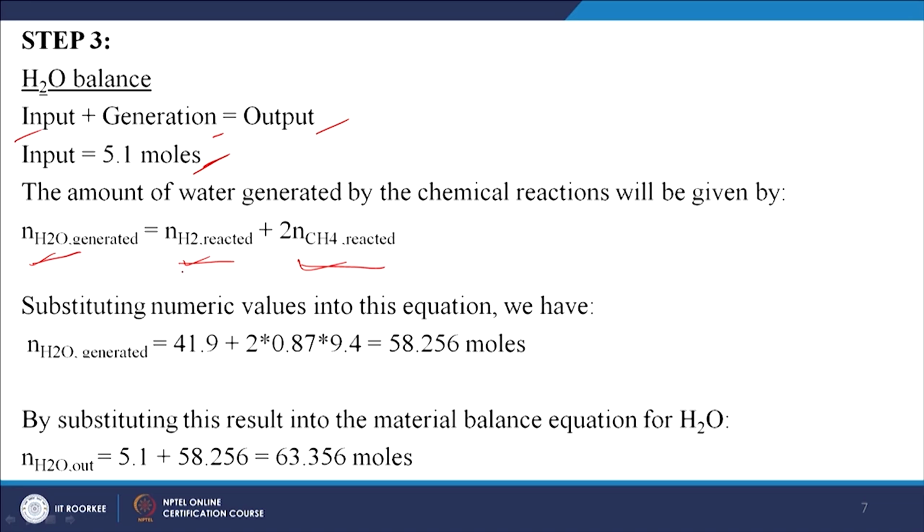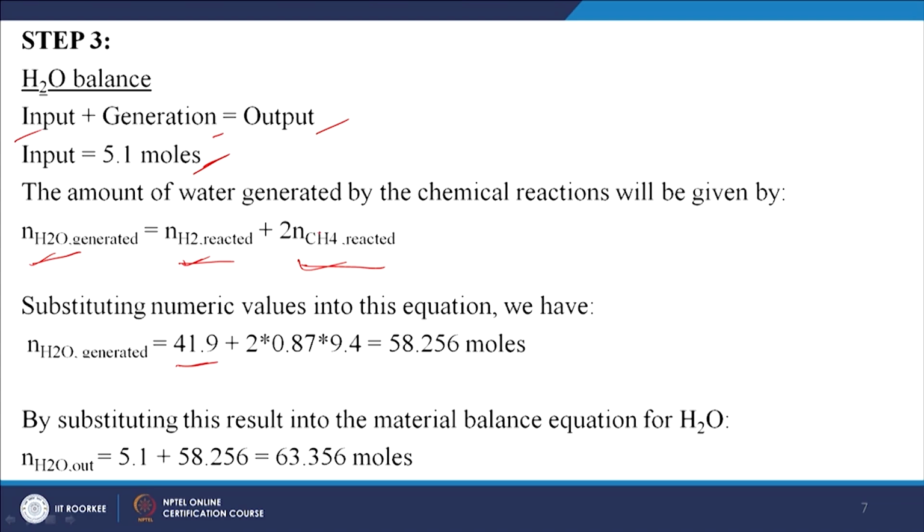The number of moles of hydrogen reacted, as we are considering that hydrogen is 100% converted. So, 41.9 is available, as the hydrogen concentration in the inlet gas is 41.9%. So, out of 100 moles, 41.9 moles of hydrogen is available, plus 2 into methane converted.